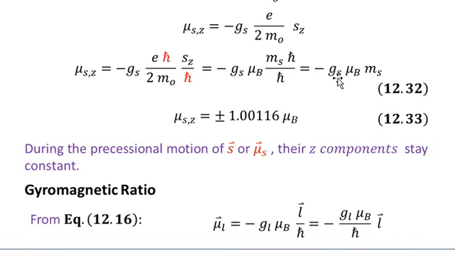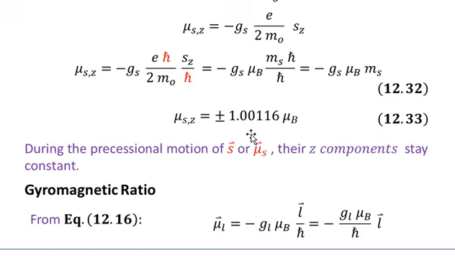So the actual value of Gs will be this value multiplied by 2. So 1.00116 multiplied by 2 will give you the actual value of Gs, because in this equation we have divided Gs by the values of Ms, which are plus or minus half. That's why you have plus or minus over here in equation number 33.